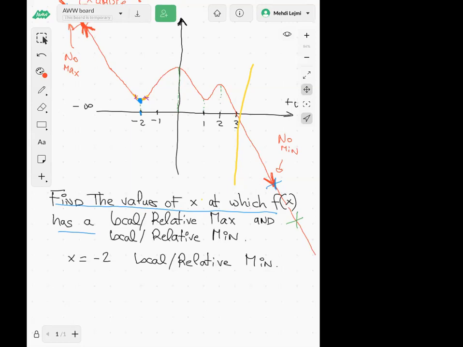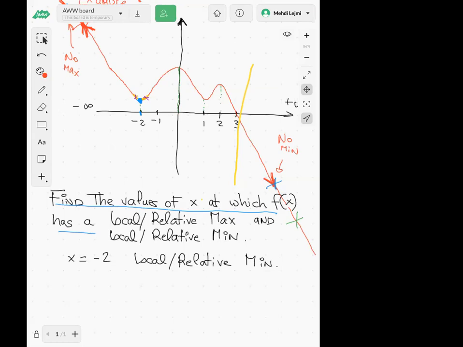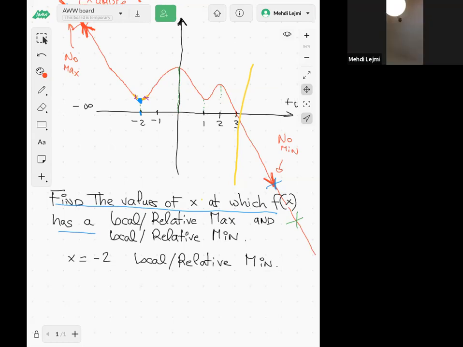But the range is another story, right? To find the range, we use horizontal lines. You go from the bottom to the top, and whenever your horizontal line intersects the graph, that will be a point of the range.